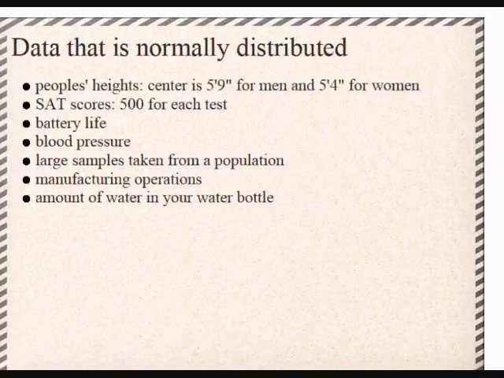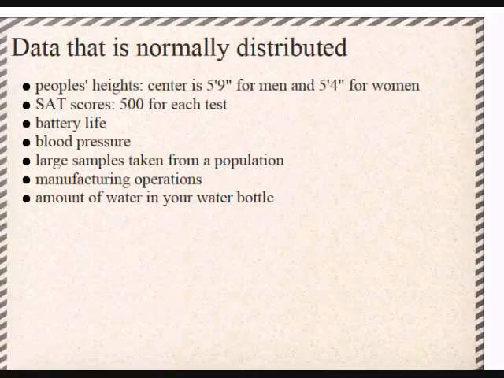Okay. Things that are normally distributed. Heights. Men's heights have an average of 5'9". There are some people a lot taller than that, and some people a lot shorter. But if you get a lot taller and a lot shorter, you have very few.